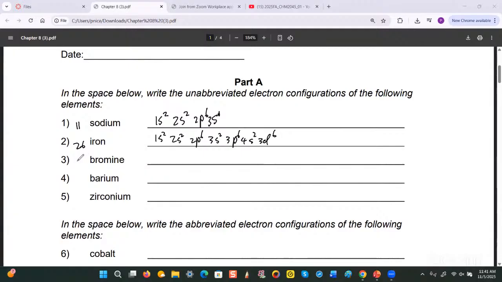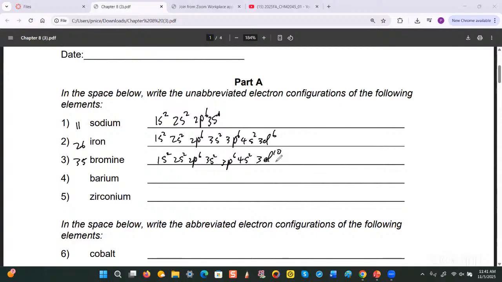Again, what's the atomic number of bromine? 35. Okay. Now, in this case, I'm going to need your help because I don't remember anything beyond 3d. So 1s2, 2s2, 2p6, 3s2, 3p6, 4s2, 3d10.